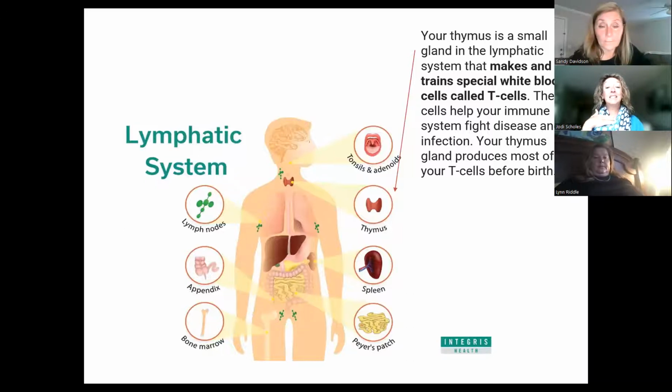The thymus actually is a little lower than your thyroid. It's between your lungs, like right behind your breastbone. And the thymus is only active in a person's body up until puberty. And then it makes a special white blood cell called T cells, and they are used to help fight off bacteria, infection, disease, that type of stuff.